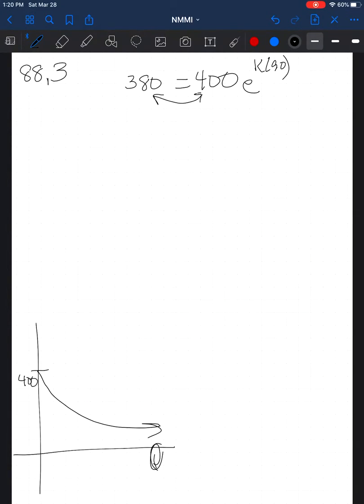If we were getting a decimal approximation for k, it would be negative. When your curve is decreasing, then your k is going to be negative. If it's an increasing curve, then the k is going to be positive.